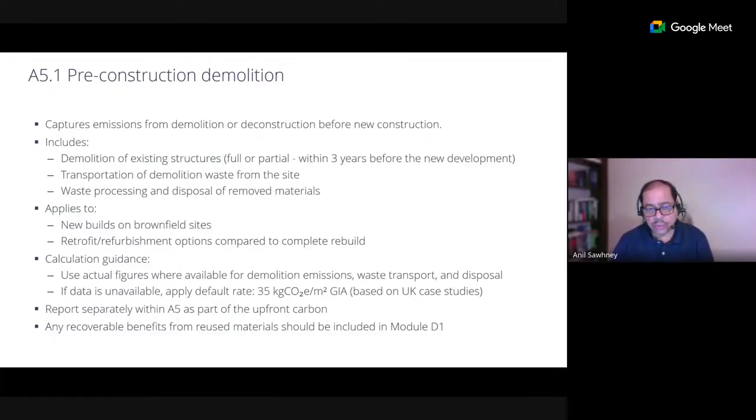You should try and use the actual figures, but again, you may not have all the information available to you to do the demolition emissions, waste transport, and disposal related emissions. Our standard provides, in case data is not available, you can apply a default rate of 35 kilograms carbon dioxide equivalent per square meter of gross internal area.